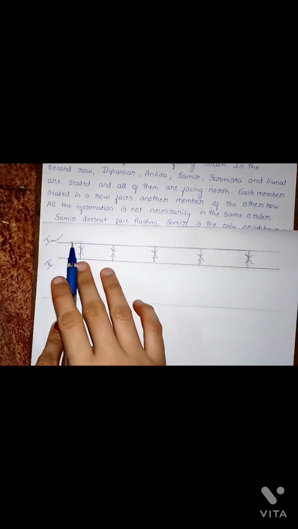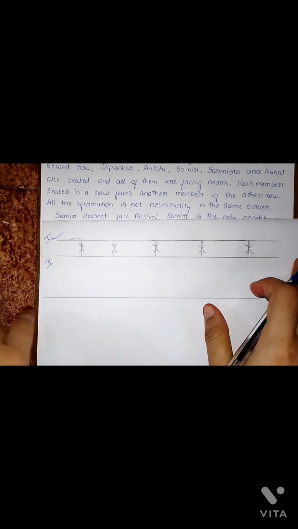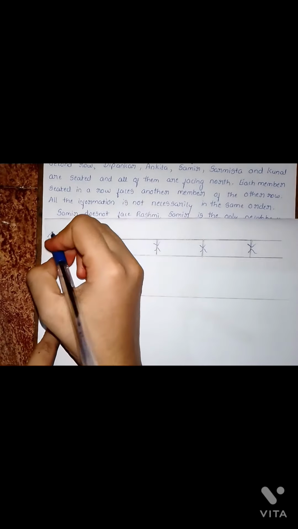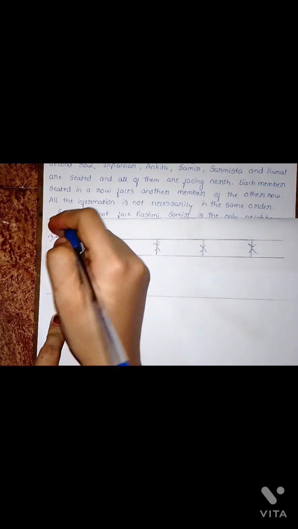And here I will give you a tip. Sometimes in two-row questions, they tell that A, B, C, D are seated in the first row and P, Q, R, S, T are seated in the second row. There you can easily memorize that ABCD is here, or PQRS is in the second row, or vice versa.